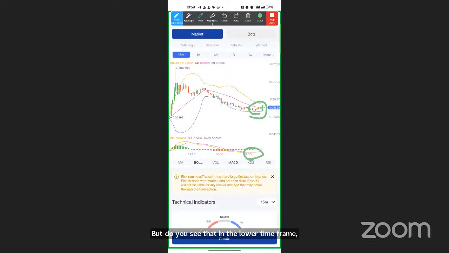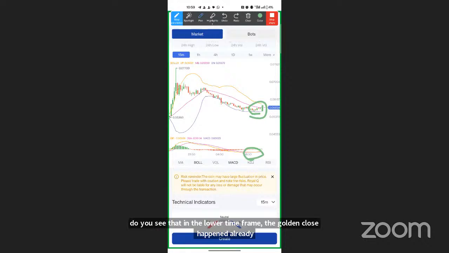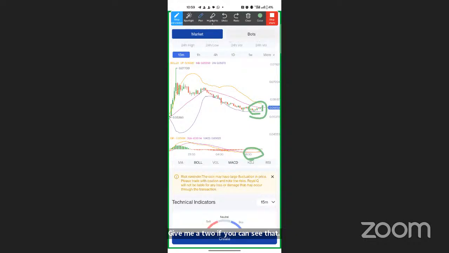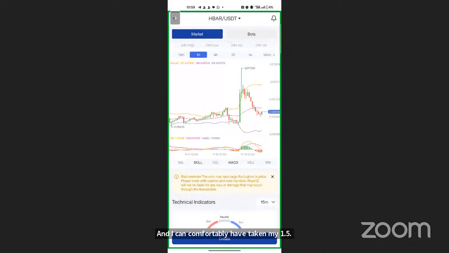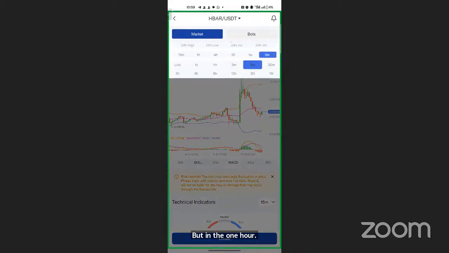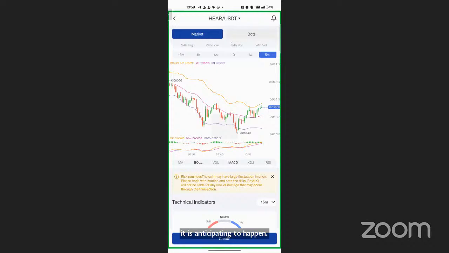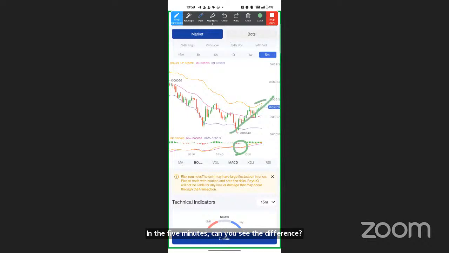Give me a 2 if you can see that. In the lower time frame, the golden cross happened already, and I can comfortably have taken my 1.5. But in the 1 hour, it is anticipating to happen. In the 5 minutes, can you see the difference? Comfortably.